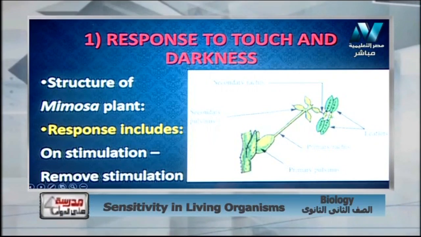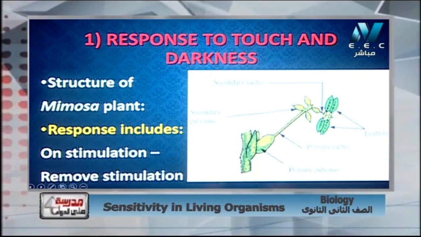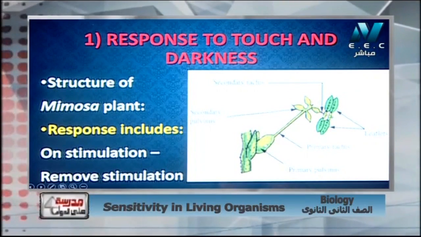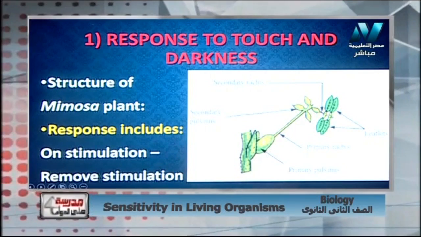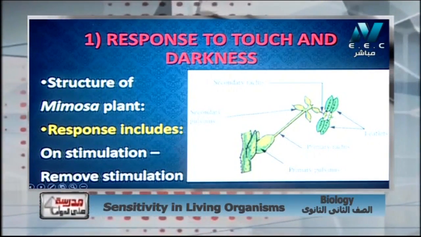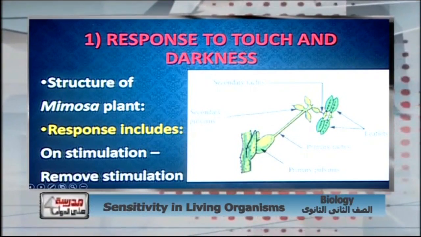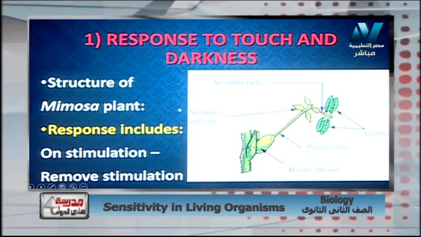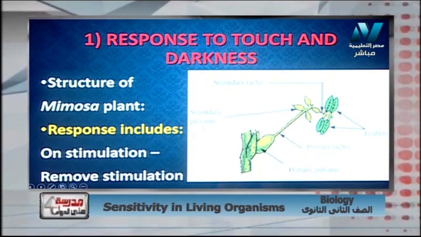But after we leave it for a few minutes, the cells regain their water and regain their turgidity and become filled with water and turgid again, and that keeps the stem upwards again and the leaflets open. So this is the response to touch and darkness.